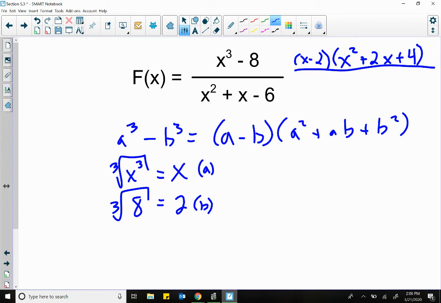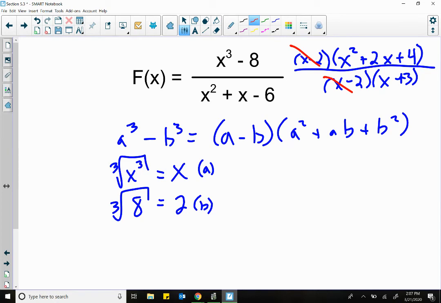Your denominator factors to x minus 2, x plus 3. So you got to make sure that you know how to factor. And inside here, you know that the x minus 2's and the x minus 2's cancel. Okay?